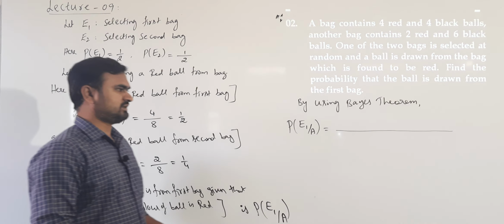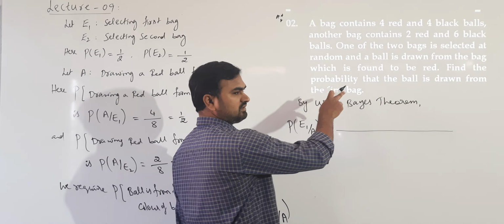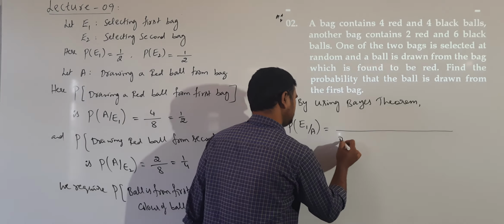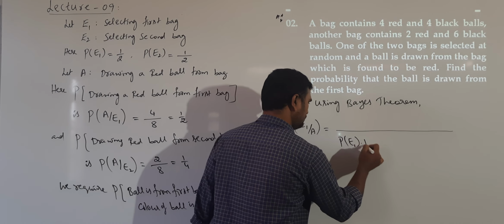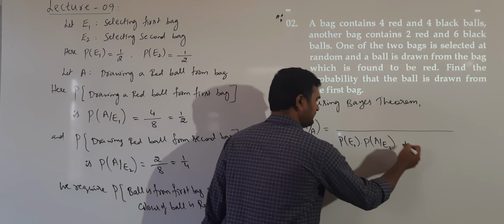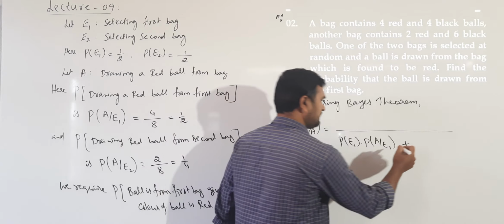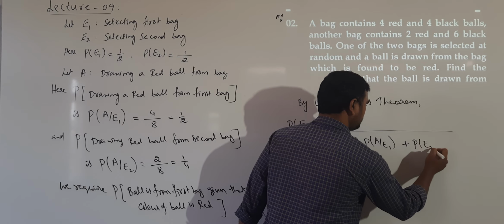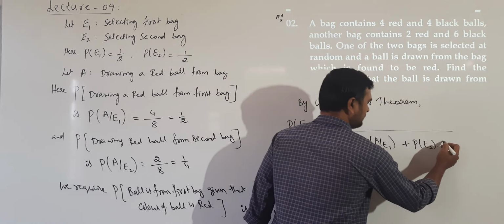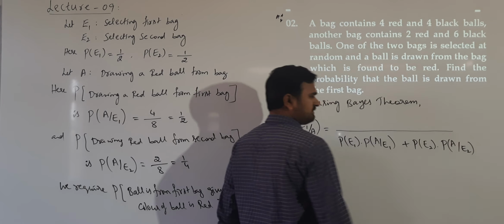Okay. So what is the denominator? Total probability. Now, the total probability of getting a red ball: it may have occurred in E1, so P of E1 into P of A given E1, or it may have occurred in the second bag. So selection of the second bag, P of E2, in that drawing a red ball. So the probability of getting a red ball given that the second bag is selected.